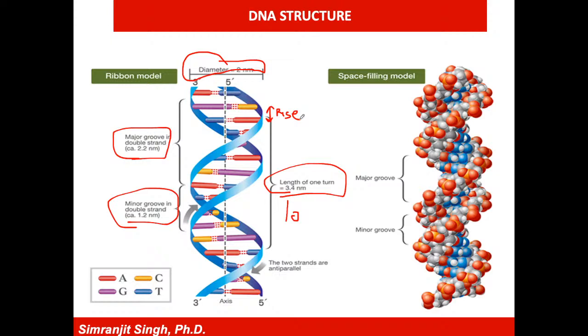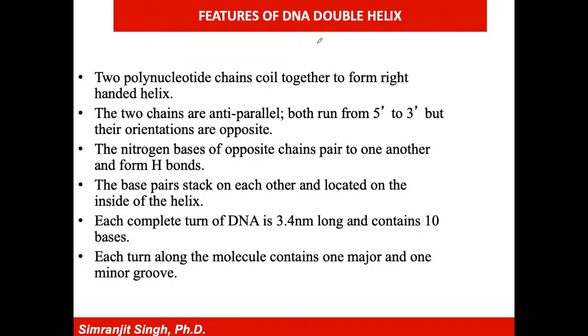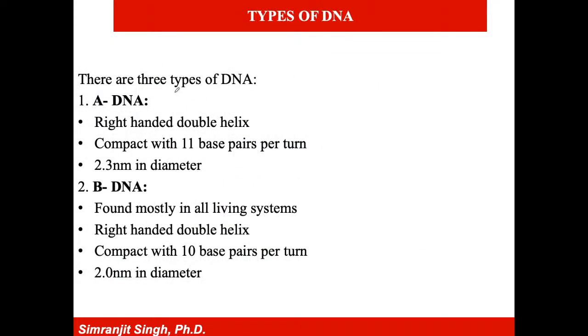So based on that, we have three types of DNA, that is A, B, and Z. The A DNA is a right-handed double helix, and B DNA is also a right-handed double helix. These things are common in them. The major difference is that A DNA has 11 nucleotide base pairs per turn, whereas the B DNA has around 10 base pairs per turn.